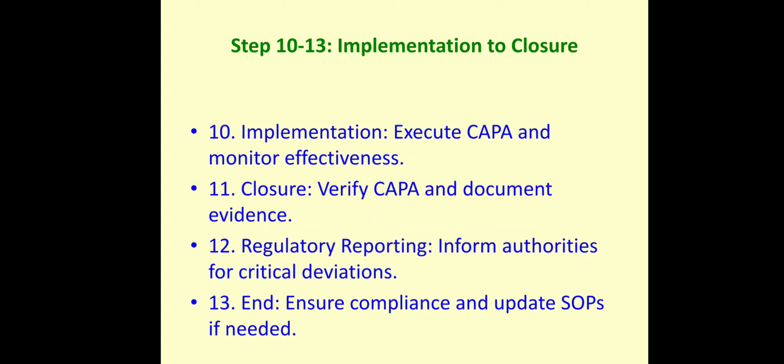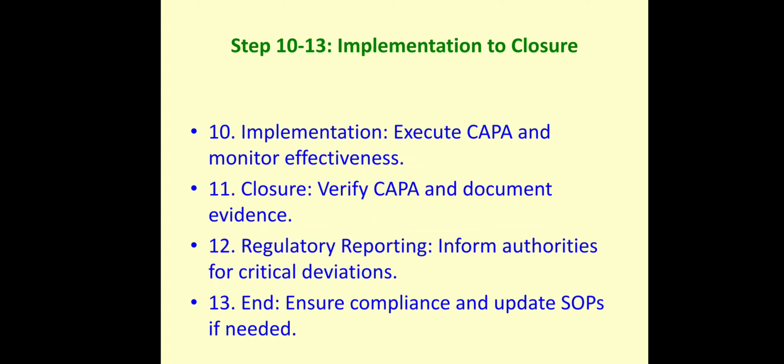And suppose if it is implemented properly, we have to collect the evidence of that implementation and document it. And on the basis of evidence and outcome of the analysis, we have to check whether any upgradation is needed in the standard operating procedures or not.